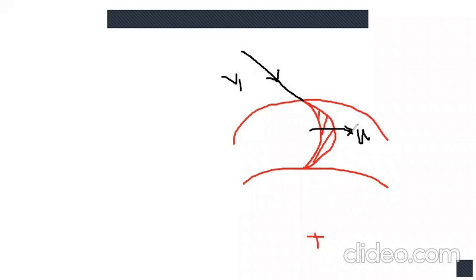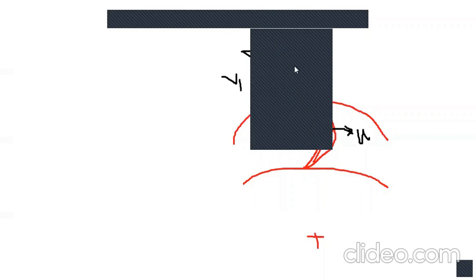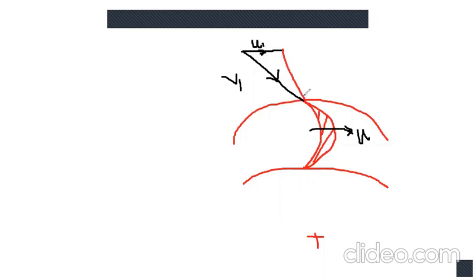So this is u, the blade velocity, taking the u velocity vector as small. This is the absolute velocity of the fluid or water. This is u1, and this is the closing vector.